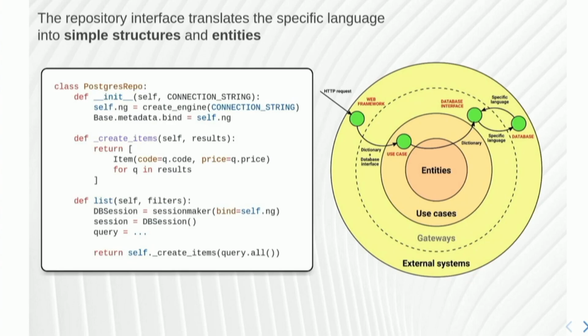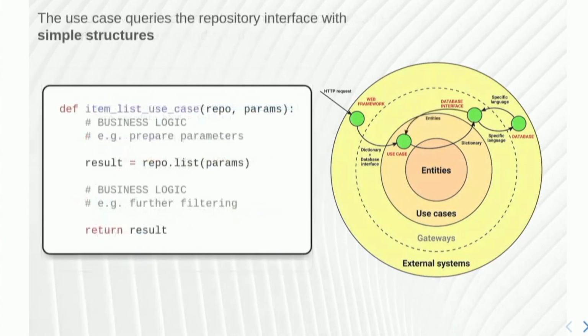Because at this point, everybody can see entities as a layer. It's a very inner layer. So the database interface can say, okay, these SQL values that I get become items, as in items that I defined. And these items are sent back to the use case as a result of the repo list.